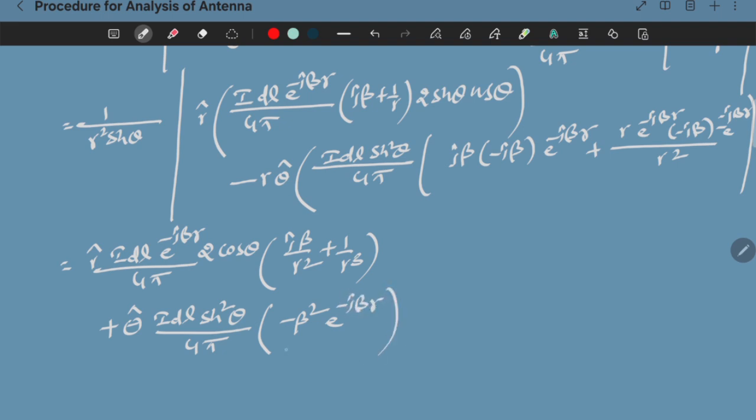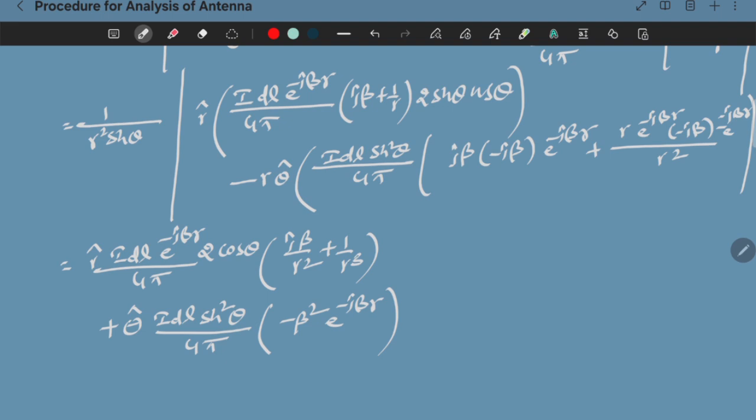But this is to be divided with r square sin theta. Here also theta cap I dl sin square theta by 4 pi. This is what we have.